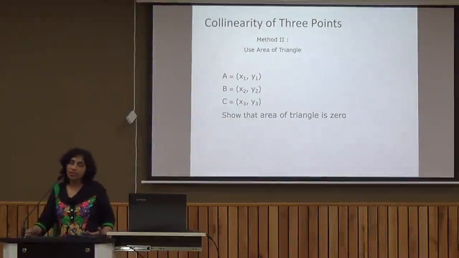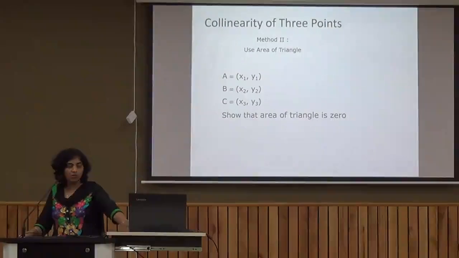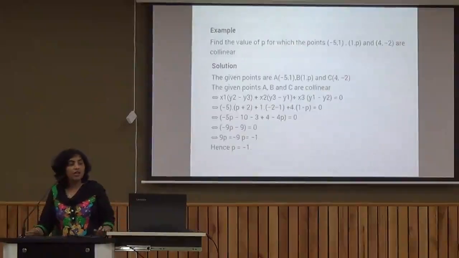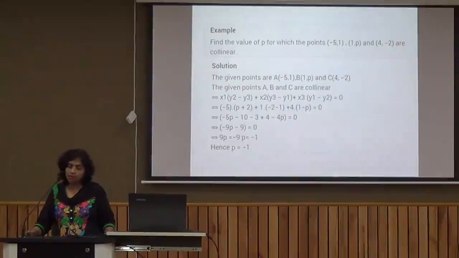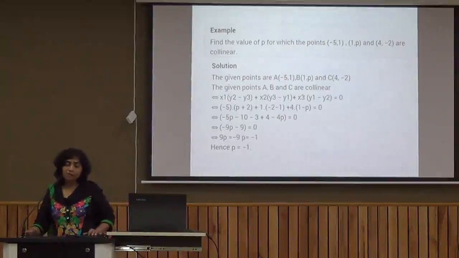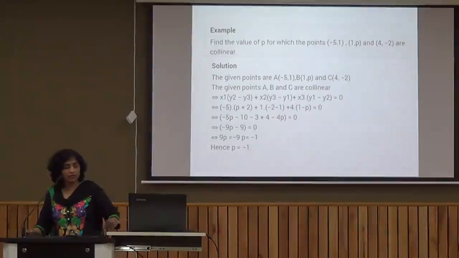If we get the area of the triangle as 0, then they are collinear. Let's see an example. Find the value of P for which the points (-5, 1), (1, P) and (4, -2) are collinear. So we put all the values in the formula of the area of the triangle and we get P as -1.